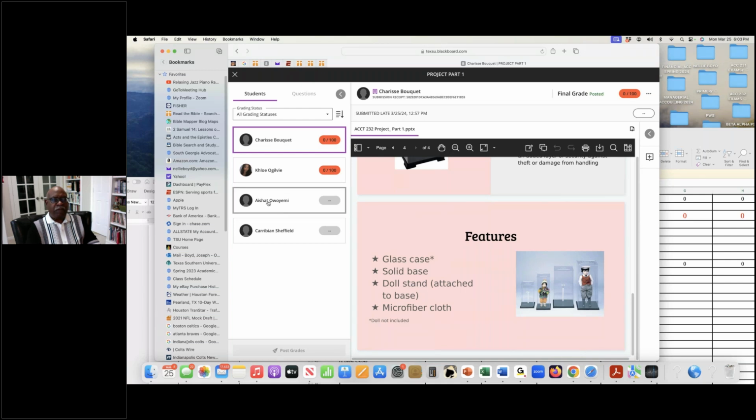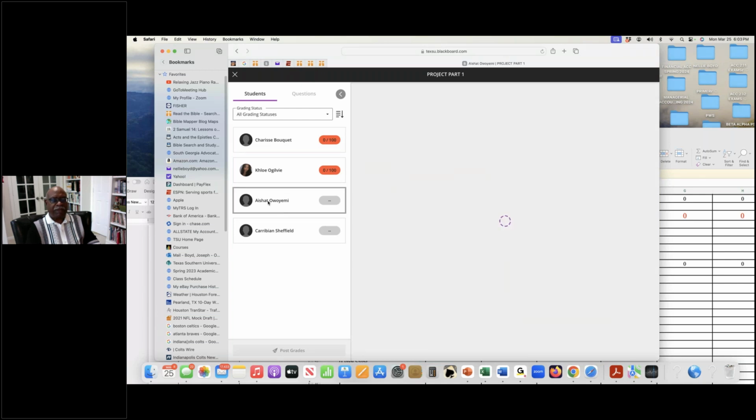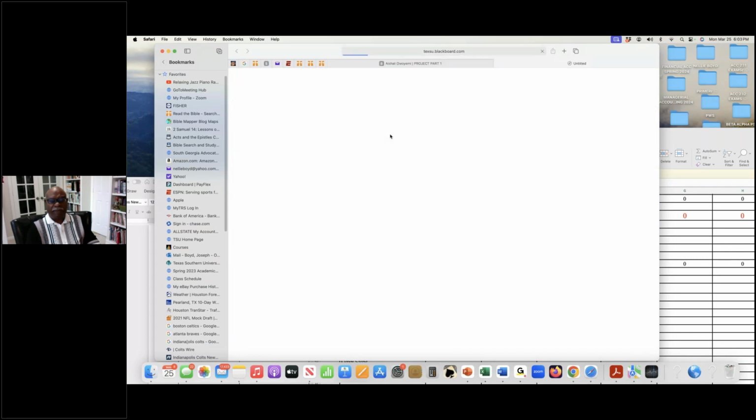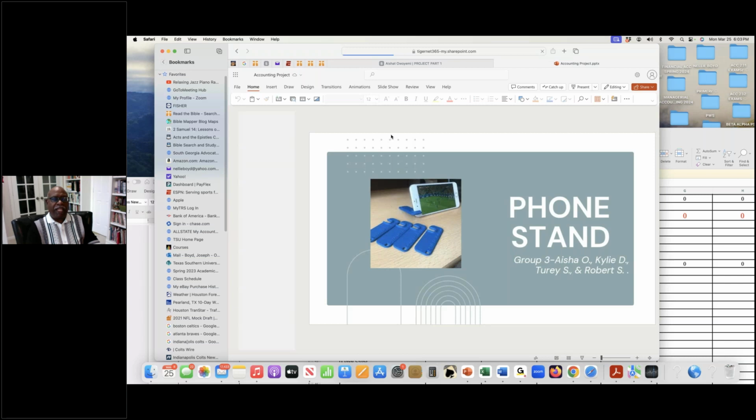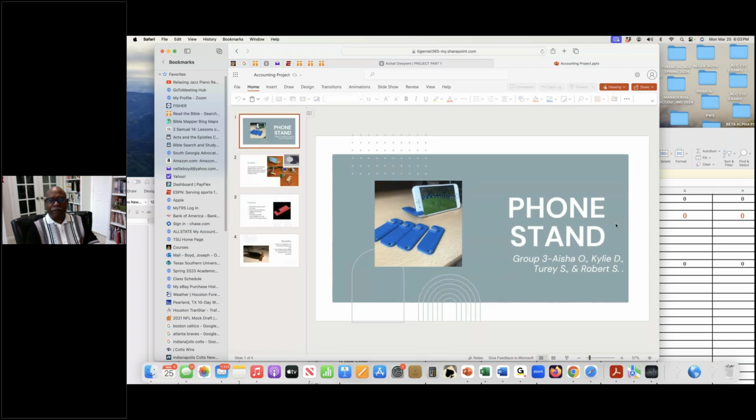And then as we move to T3, they're making a phone stand.